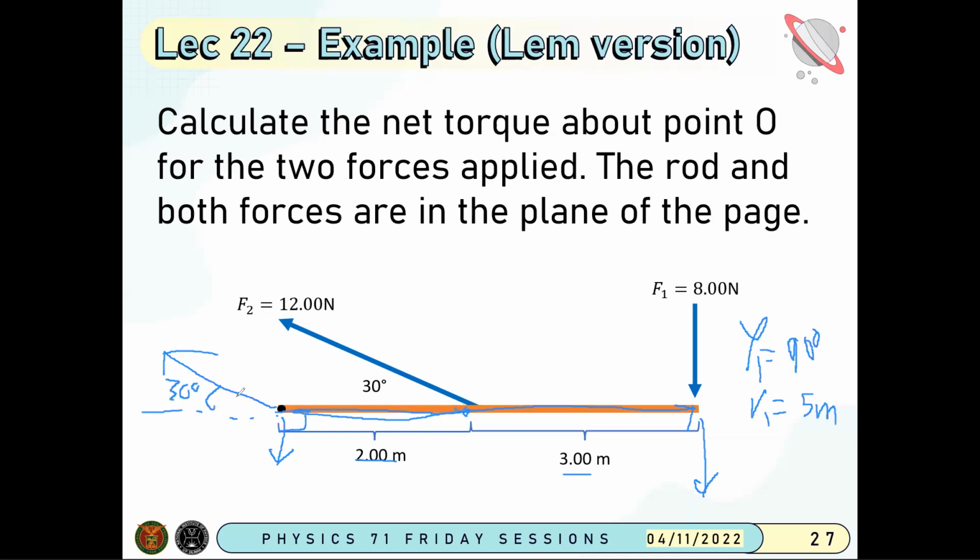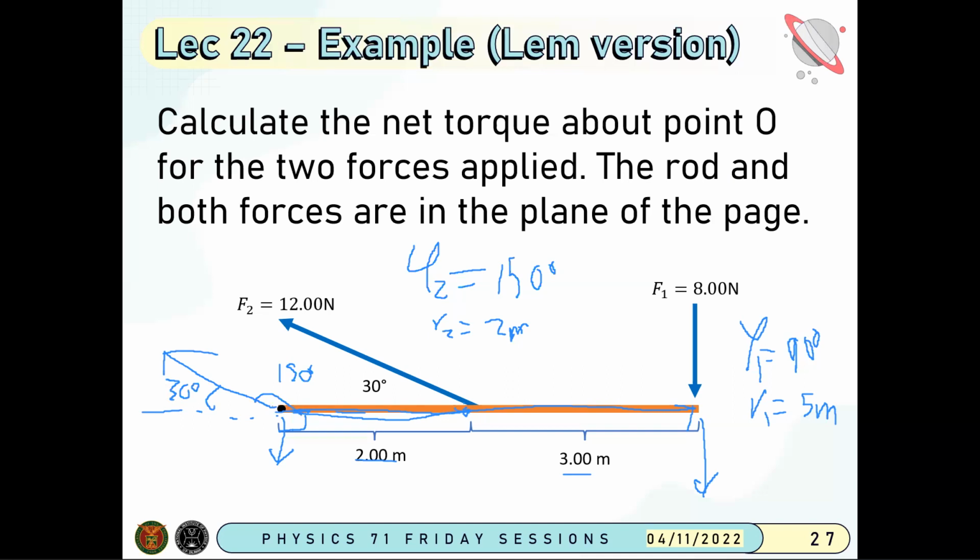So yung angle between R2 and F2 will be 150 degrees. So yung phi2 ngayon natin is 150 degrees, and yung R2 nito ay 2 meters. So again, tail to tail, and then you can find the angle between. Okay. So meron na tayong R2, R1, phi2, and phi1.